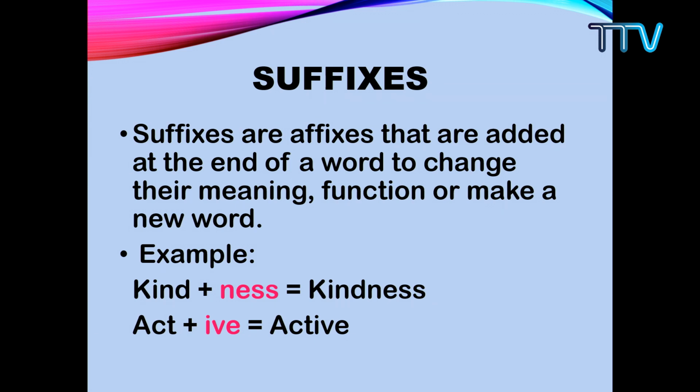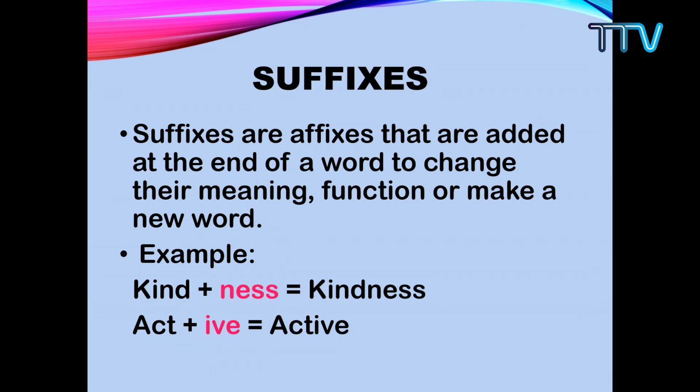In the same way, in the second example, act is the root word or the base word, plus IVE. Here IVE is the suffix. When we add IVE to the word act, this becomes active, which is an adjective. She is a very active child. He is a very active member of our group.